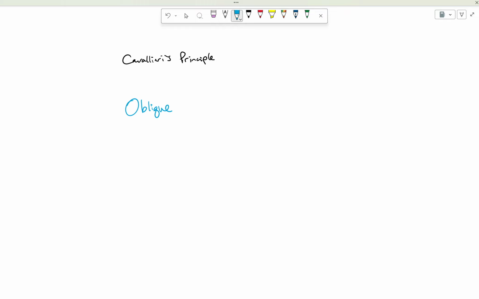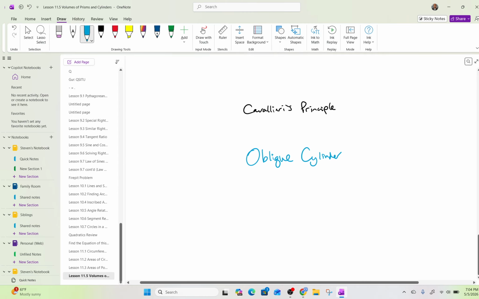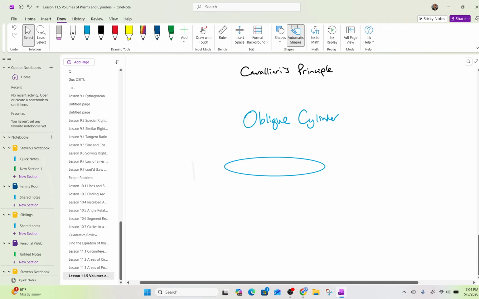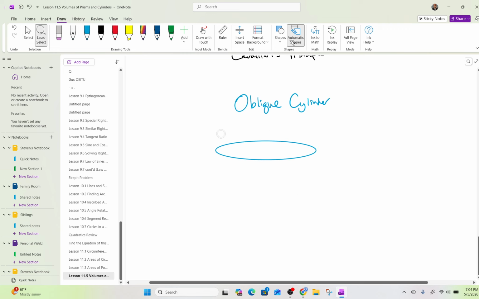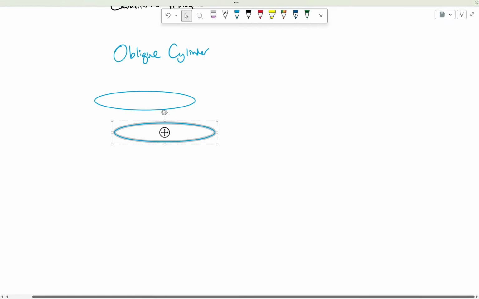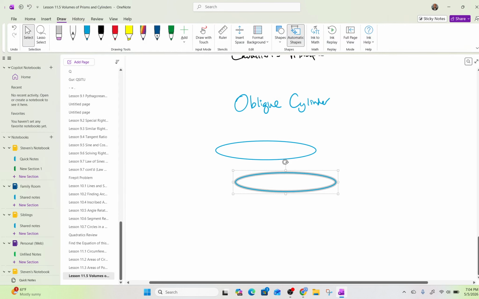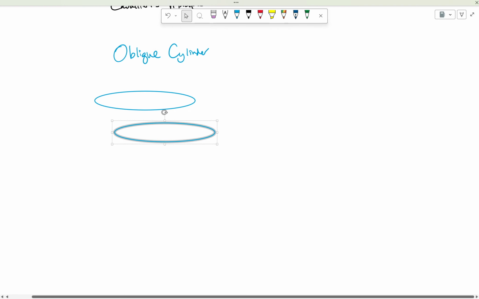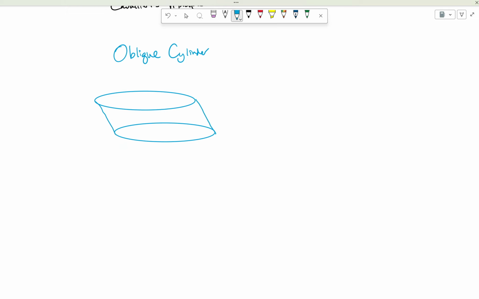An oblique cylinder works like this. It looks like a slinky that's been tipped to its side. You guys know slinkies? Take my ellipse here, and it's going to be a little bit offset. So I'm going to take this edge to this edge, and this edge to this edge, and connect.